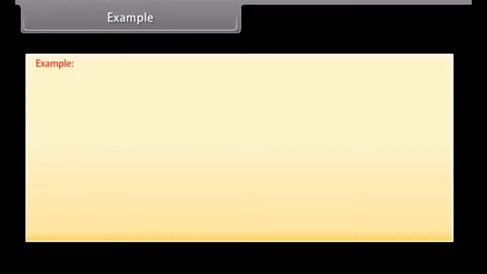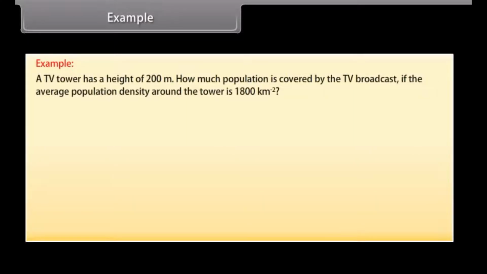Example. Let's take an example. A TV tower has a height of 200 meters. How much population is covered by the TV broadcast if the average population density around the tower is 1,800 per km squared? Given that the radius of the Earth is 6,400 kilometers.